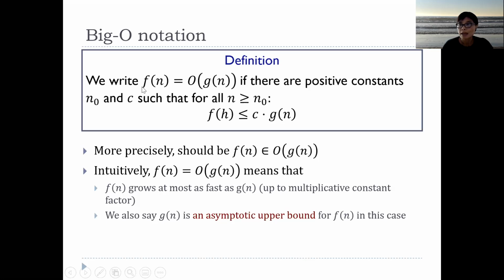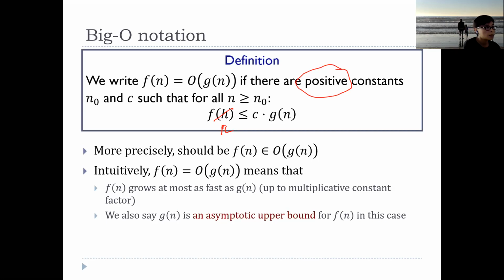We say that a function f of n is in big O of another function g of n if there is a positive constant c such that f of n is always bounded from above by c times g of n for n large enough.